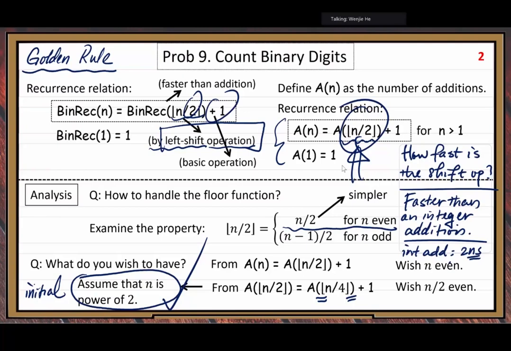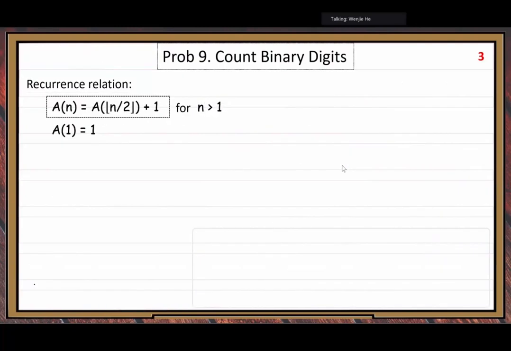Then next, let's find a solution. Under this best case scenario, what is the final solution? We assume n is a power of 2. Then k is log base 2 of n.